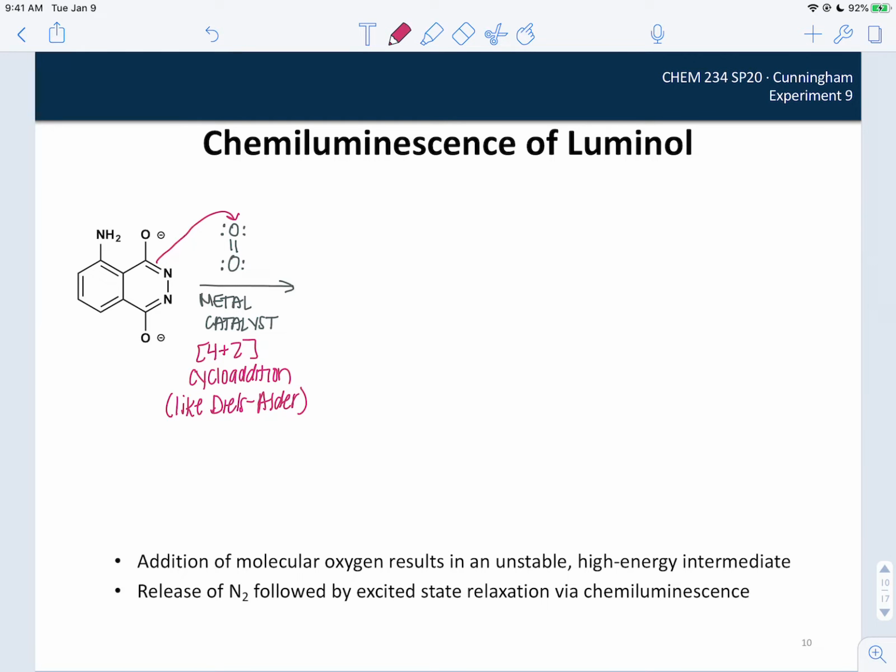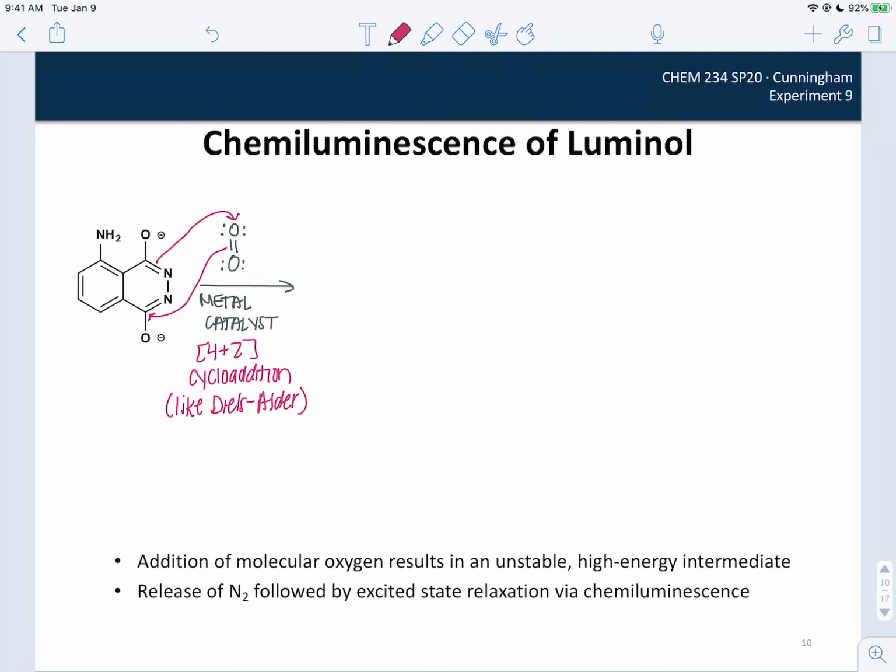So we can think about there being some electron density in the double bond between carbon and nitrogen here. And so those electrons can form a bond to our oxygen atom. The oxygen-oxygen pi bond is going to break, and it's actually going to use those electrons to form a bond to our carbon atom.